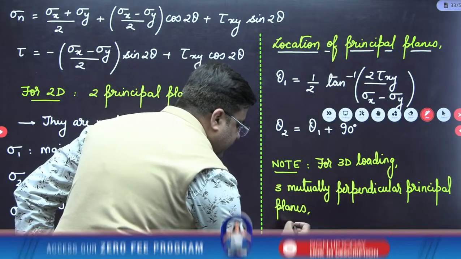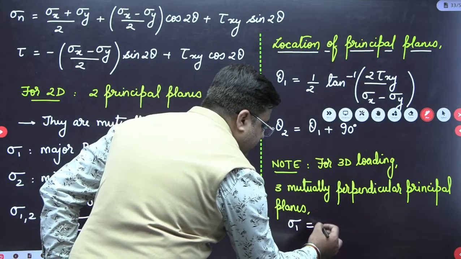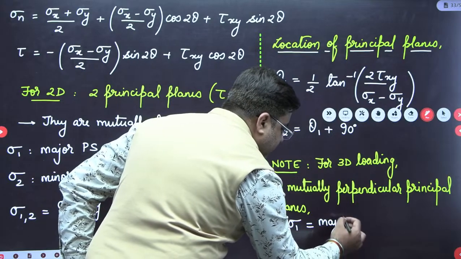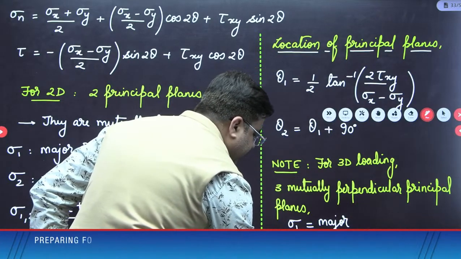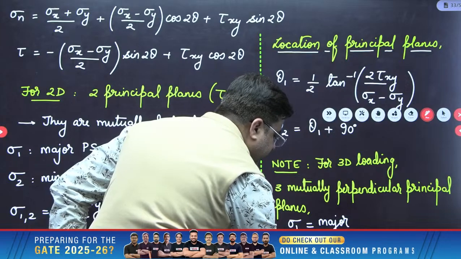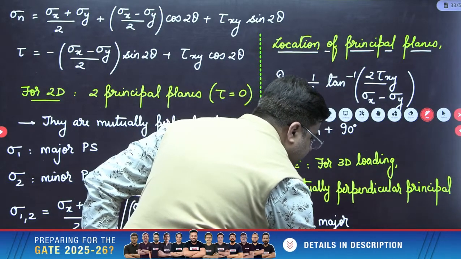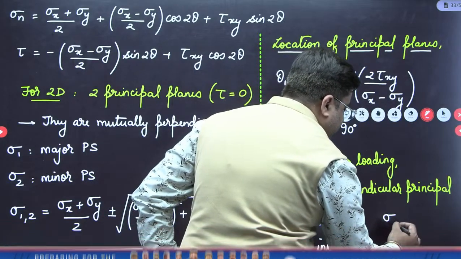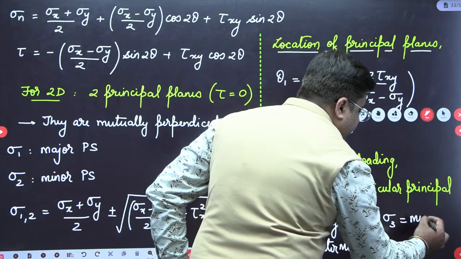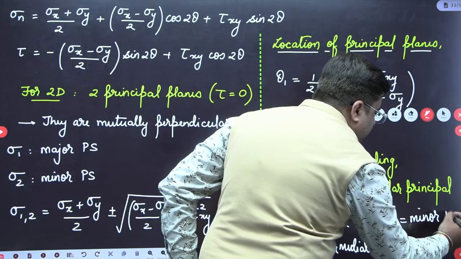Sigma 1 will be the major principal stress, then sigma 2 here is intermediate principal stress, and sigma 3 will be minor principal stress.